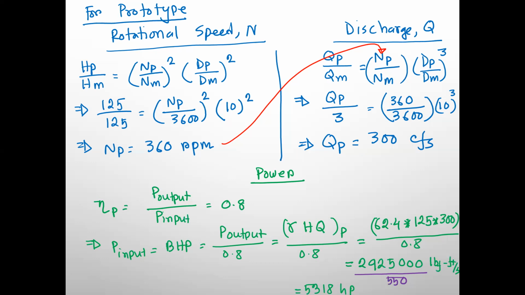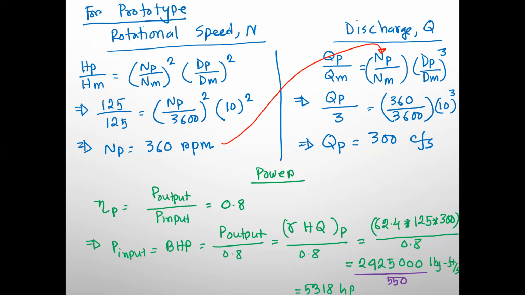Okay, now the last thing we need to check, we need to classify the prototype and the model power based on the specific speed. Okay, so that's what we will do here. Before doing that, we need to check in which unit the table is given.